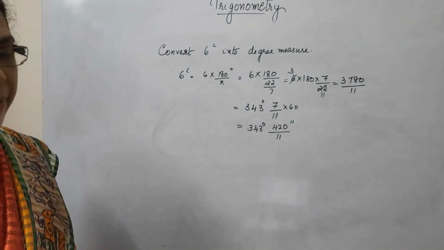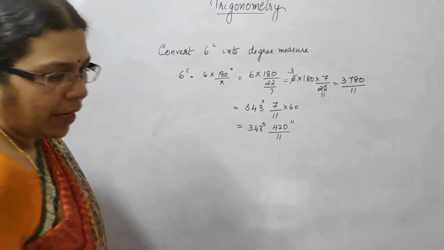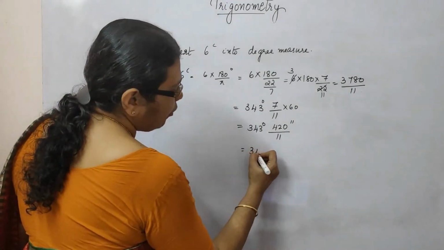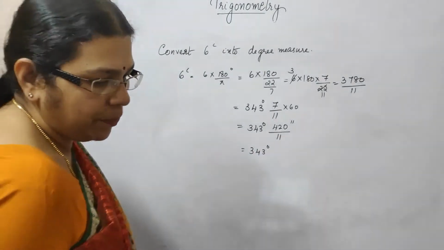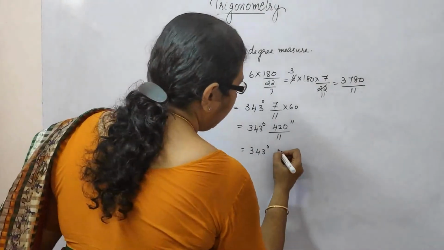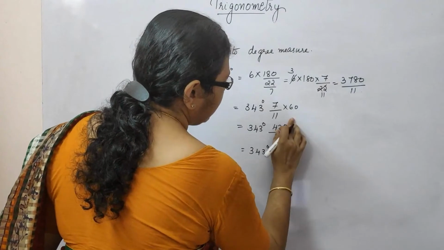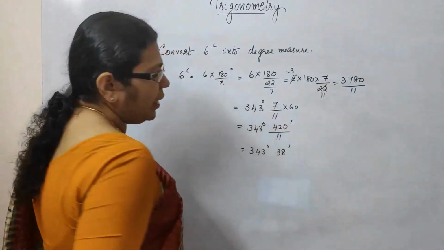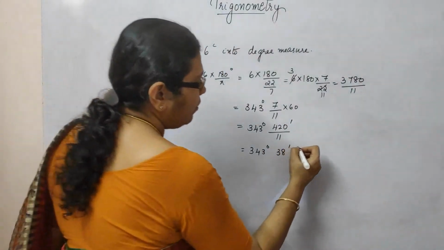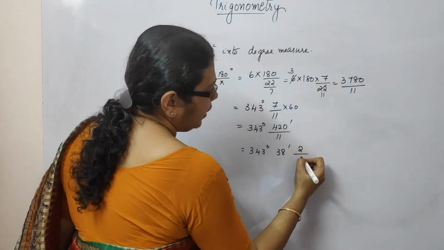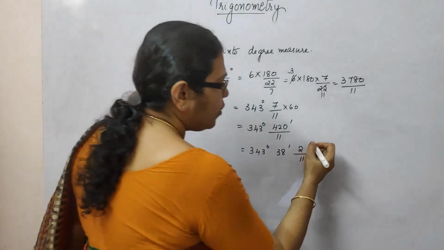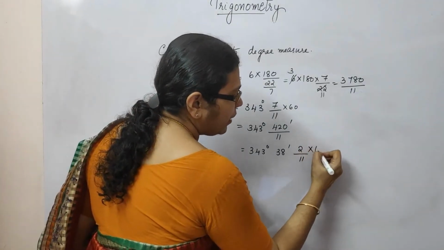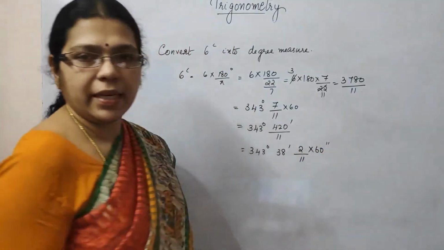So 420 divided by 11. I get this as 343 degree. When I divide this, I'll get the quotient to be 38 minutes. Sorry, this is minutes, this is seconds. 38 minutes, and the remaining will be 2 by 11 seconds. So seconds meaning what? I need to multiply this by 60 to put it in seconds.